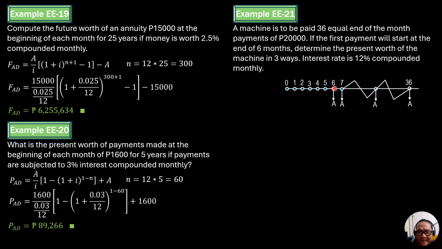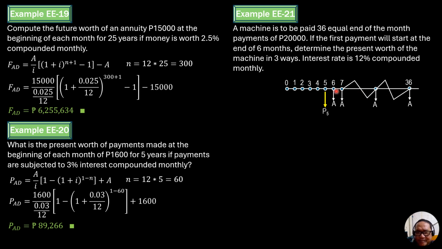So the first payment will start at the end of 6 months. So this is ordinary annuity because the payment is made at the end of the period but deferred. So for the first situation, I'll call the value here P sub 5, the present worth of these equal payments.